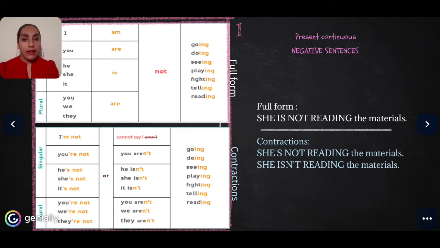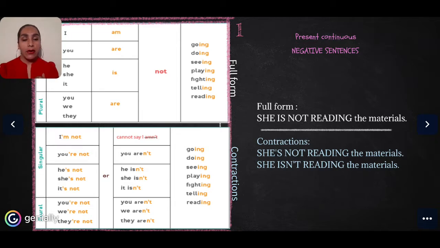But now we're going to use the contractions. Two forms. Tenemos dos maneras para reducir los elementos en la forma negativa. La primera es reduciendo el sujeto, el pronombre, con el verbo be. Y la segunda es reduciendo el verbo be con la palabra not, que es mi negación.